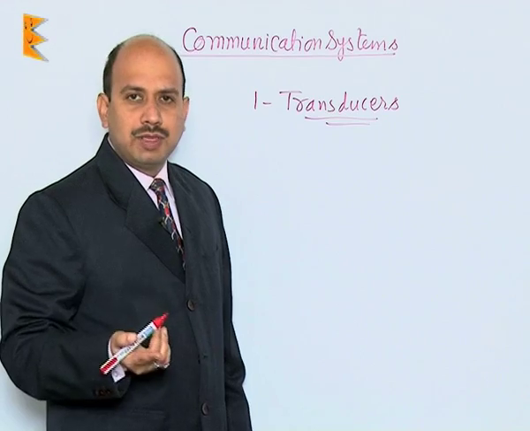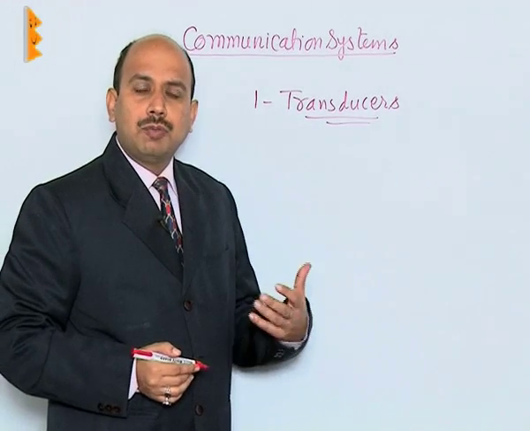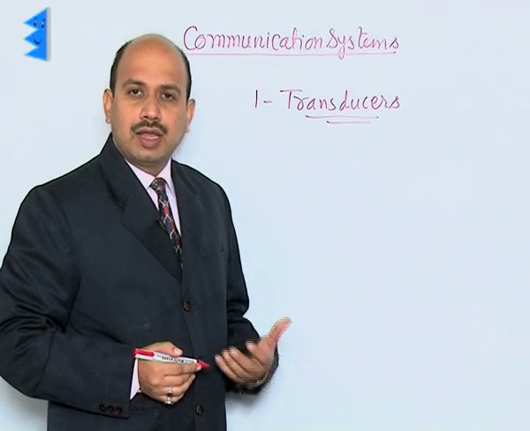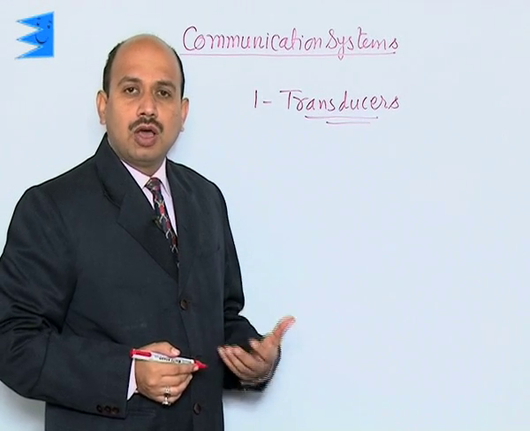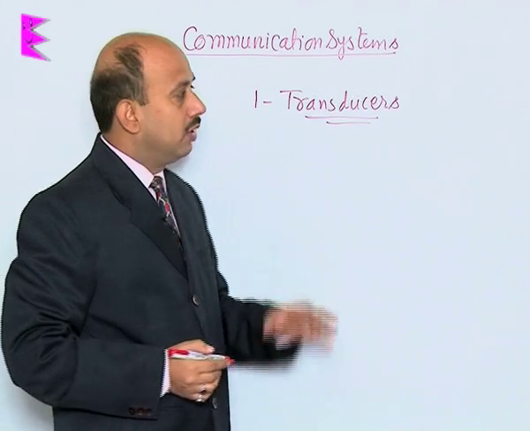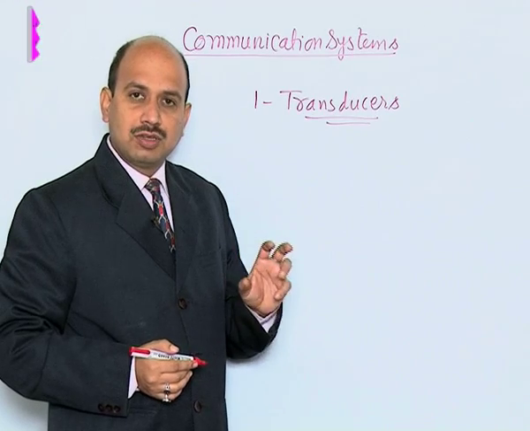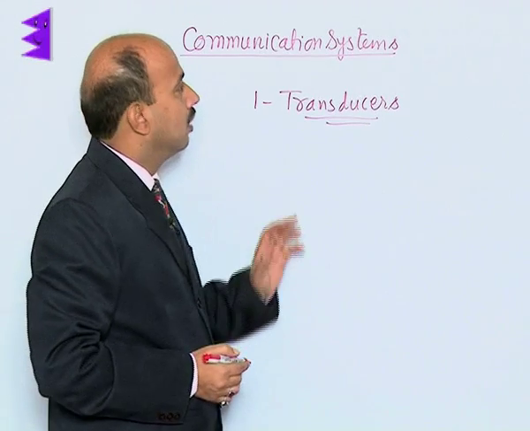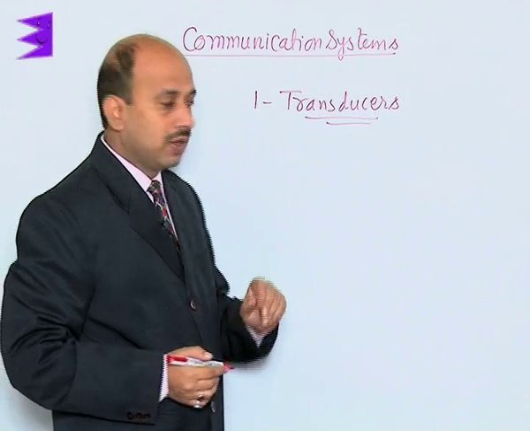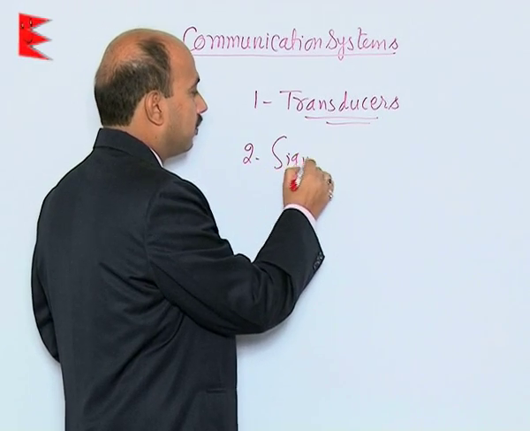In communication, whatever signals or variations you are getting, like pressure, temperature, force, all these are converted into corresponding electrical signals. So the device used for converting any form of signals or messages into electrical signal is known as a transducer.